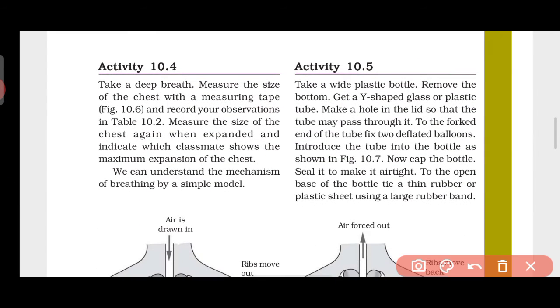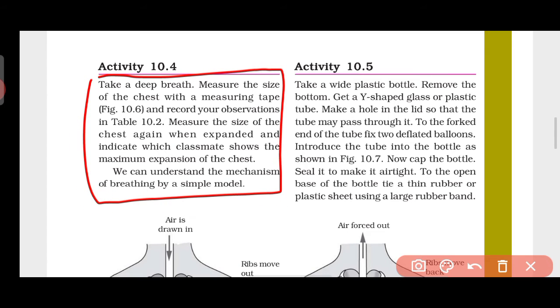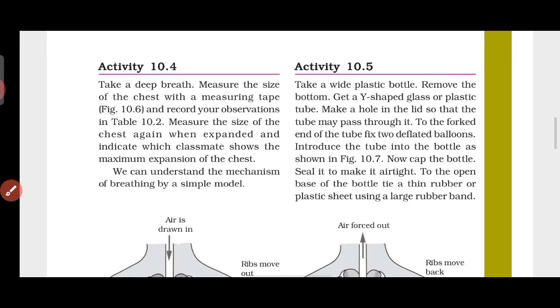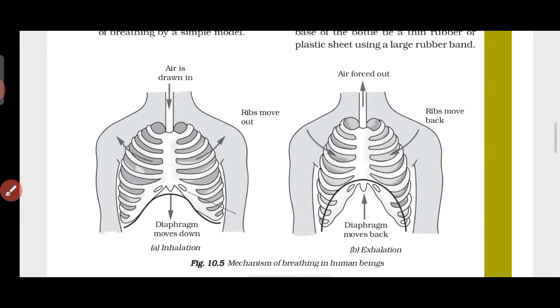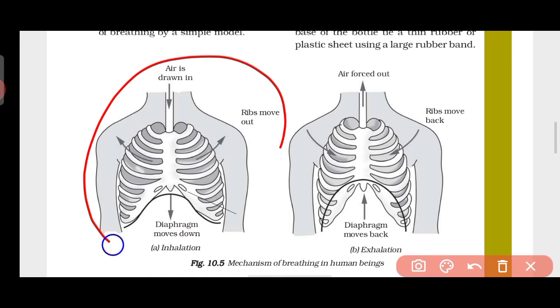Look here, what is explained here? It is just about the chest expansion competition we mentioned. We can measure the size of the chest before inhalation and after inhalation, and we can measure the difference between them. Look here, the movement of ribs and diaphragm is shown in this picture.